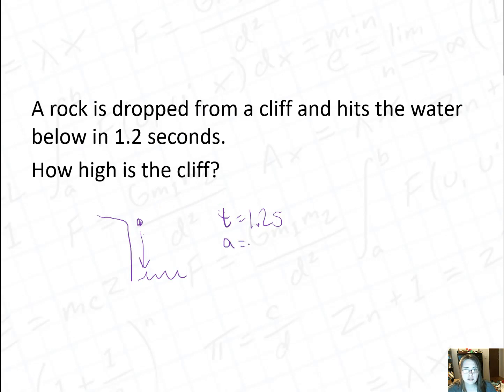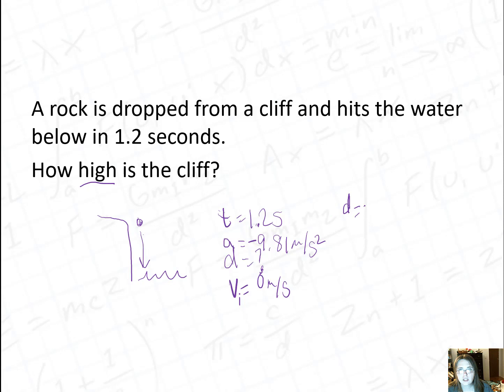So the acceleration is a negative 9.81 meters per second squared. And we are looking for how high is the cliff. D is, I don't know. Well, that doesn't seem like quite enough information, but what velocity does this rock start off at? It starts off at an initial velocity of 0 meters per second. So now we have enough information to go forward.